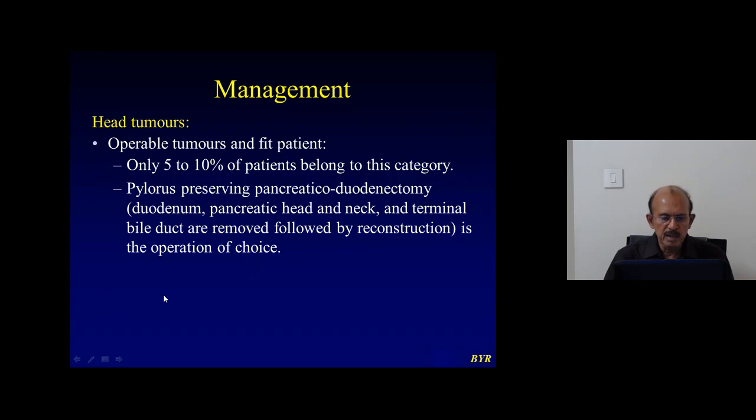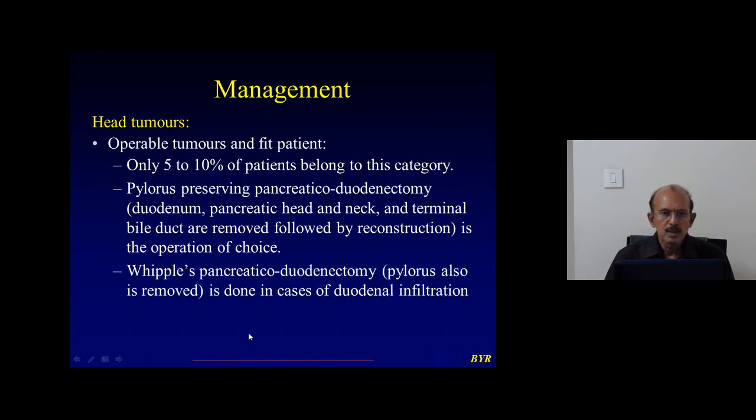I will explain to you in the next 2 or 3 slides. Classical Whipple's pancreaticoduodenectomy, in which the pylorus also is removed, is done in case of duodenal infiltration. So why the pylorus is removed and all that, I will explain after I show you the slides about the pancreaticoduodenectomy.